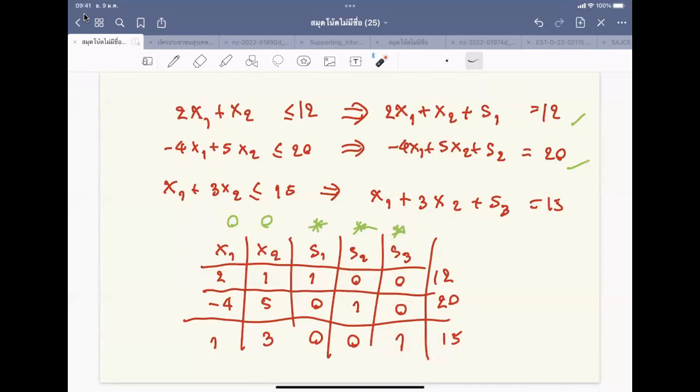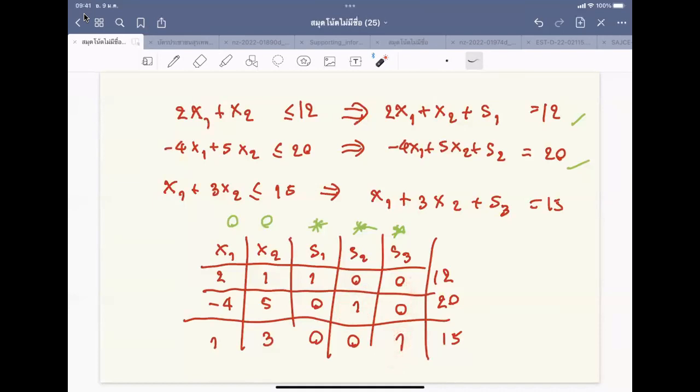So you see that in order to solve this set of equations, for each column of a basic variable, there must be only one element that is 1, and the rest must be 0.